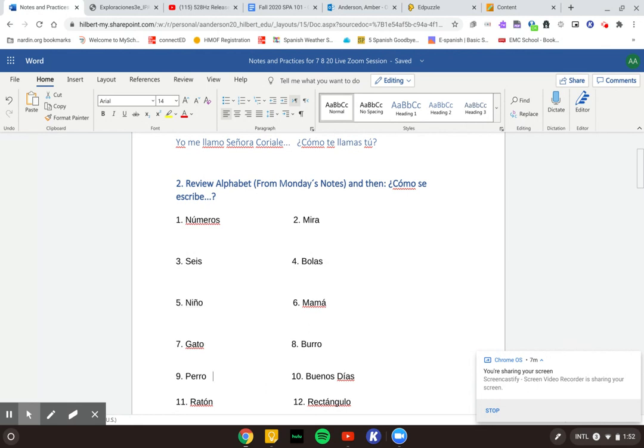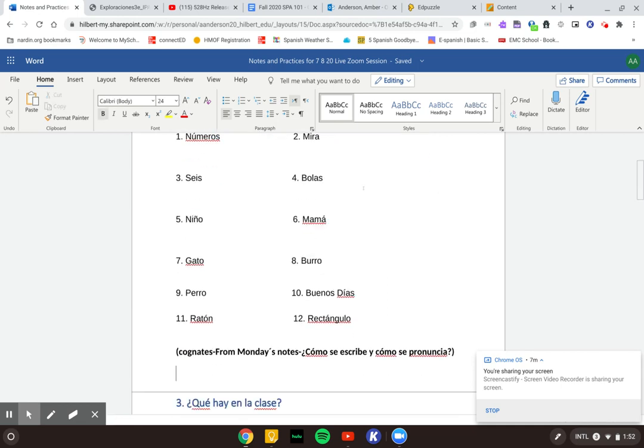¿Cómo se escribe gato? Remember the G is for the goat. So G is G. So we have G, A, T, O. ¿Cómo se pronuncia? Gato.